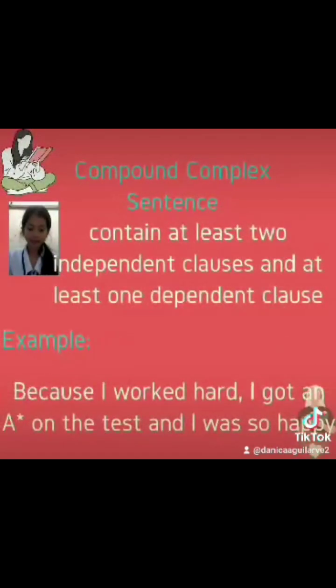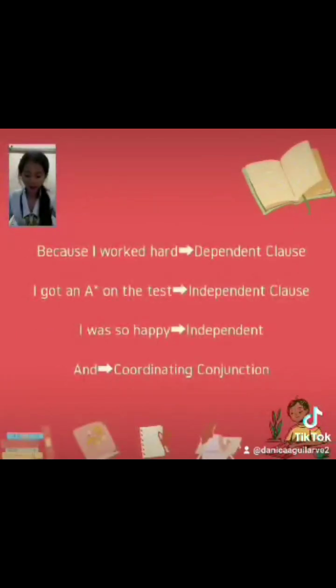A compound-complex sentence contains at least two independent clauses and at least one dependent clause. The example of a compound-complex sentence: because I worked hard, I got an A on the test, and I was so happy. The clause because I worked hard does not make sense on its own.